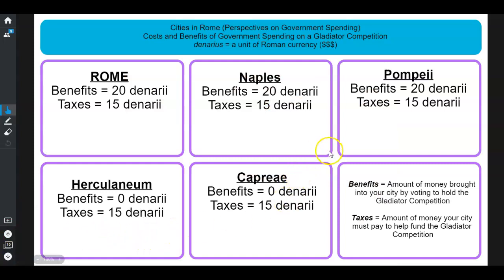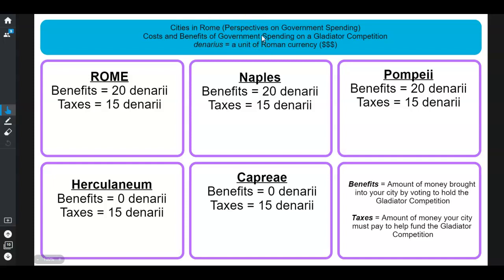The problem with gladiator contests, as exciting as they are for us to think about in this day and age, is that they only benefited certain people within the Roman Empire. So we're going to pay close attention to this word here, perspective, which we've been talking about since the beginning of the course.